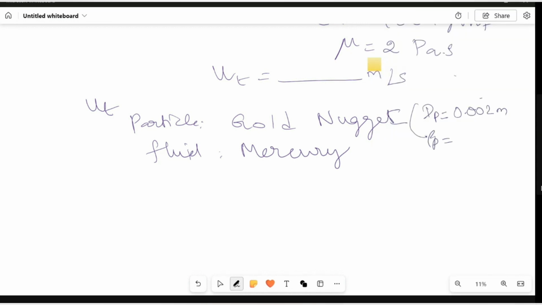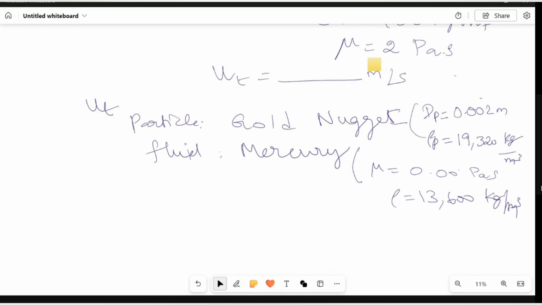Density of the particle is 19,320 kg per meter cube, and the fluid has a viscosity of 0.001 Pascal second and density of 13,600 kg per meter cube. We are going to report the UT value in meter per second.